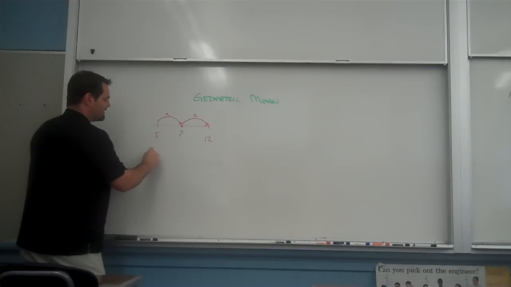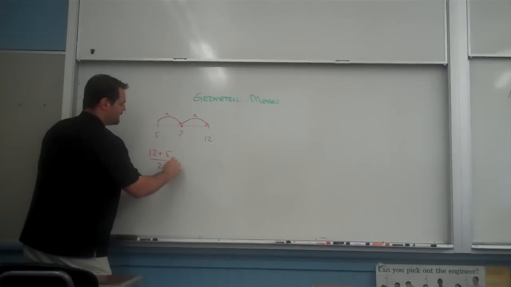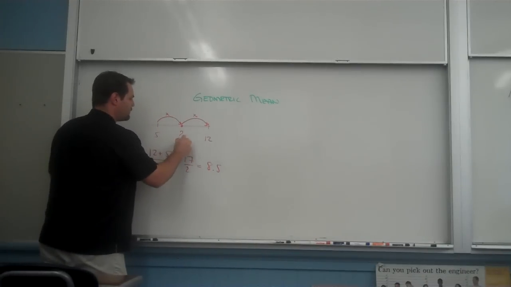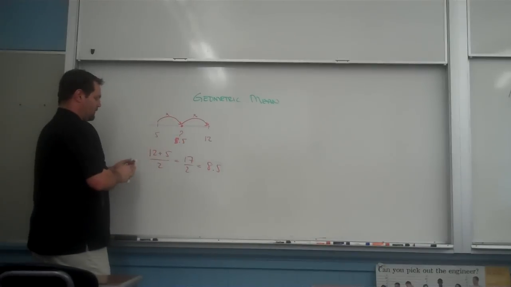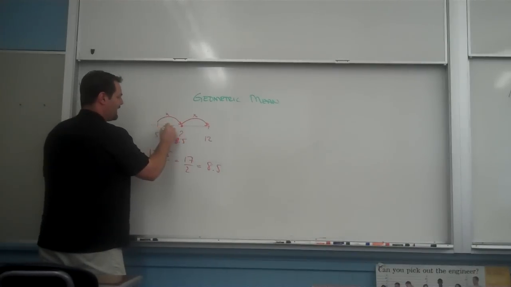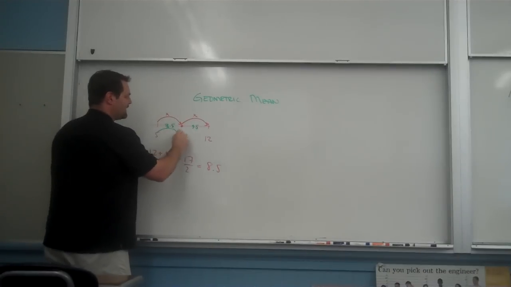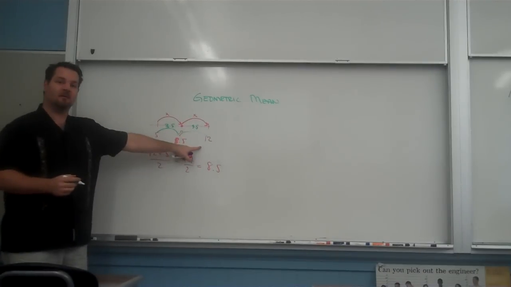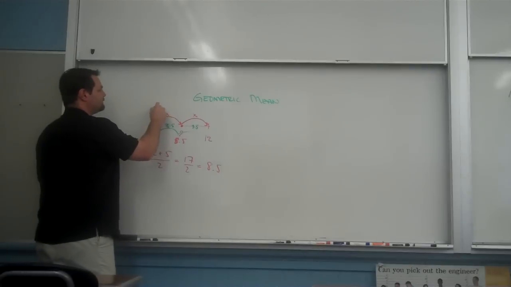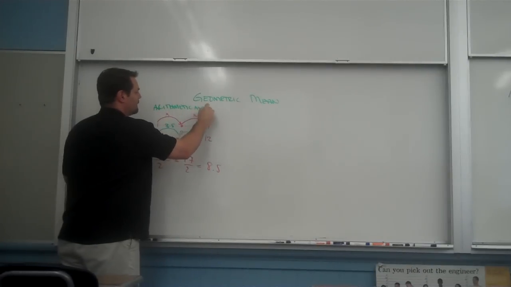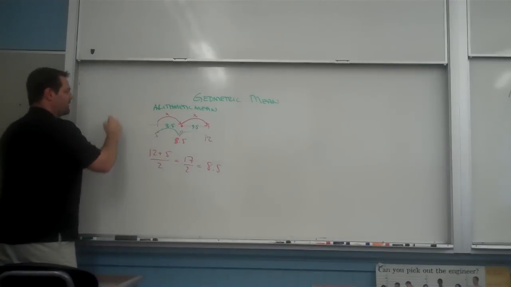The way we find it is we add these two together and divide by 2, and this is the exact point where I can go up 3.5 in this case, and up another 3.5, to take a two-stepper from here to here. This is called the arithmetic mean. And this is what we know as average.